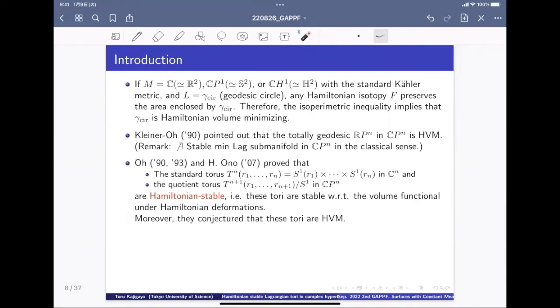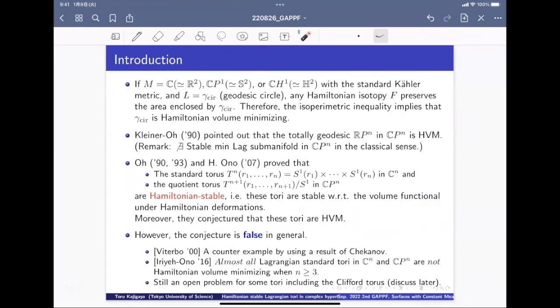Moreover, Oh and Hajime Ono proved that the standard torus in C^n and the quotient torus in CP^n are all Hamiltonian stable. That is, it can be locally volume minimizing under Hamiltonian deformations. Moreover, they conjectured that these tori are Hamiltonian volume minimizing.